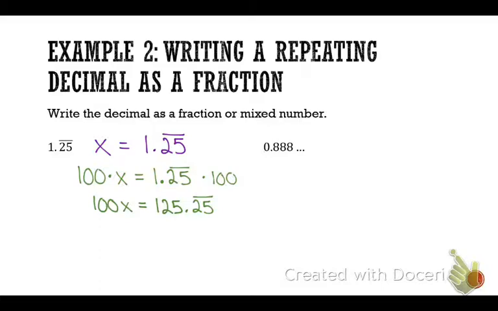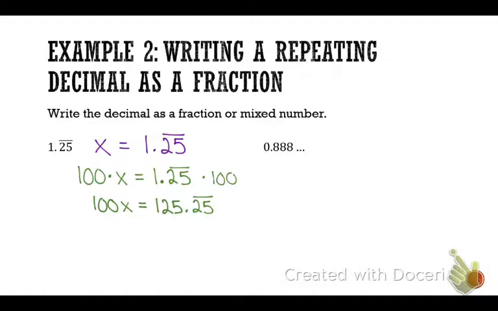I multiplied by 100 because I had 2 repeating digits. Are you guys following me to that point? Then when I multiplied 1.25 times 100, that moved my decimal to the right 2 places. But this 2525 kept going. So I still have it in my decimal value. All right, I'm going to keep going.